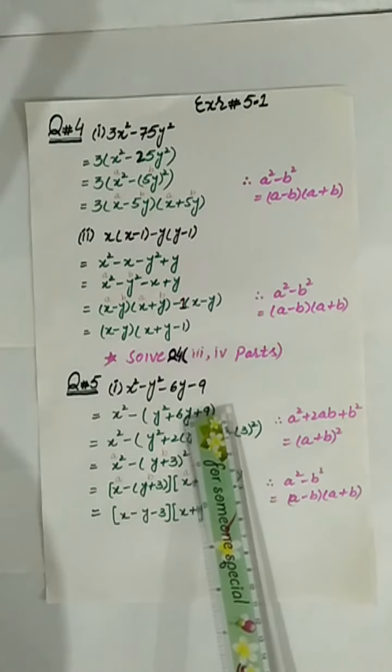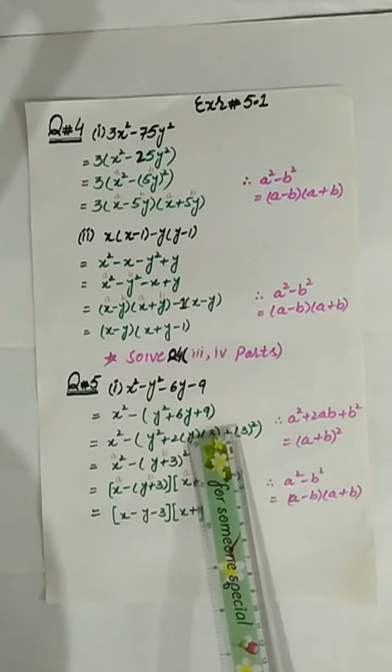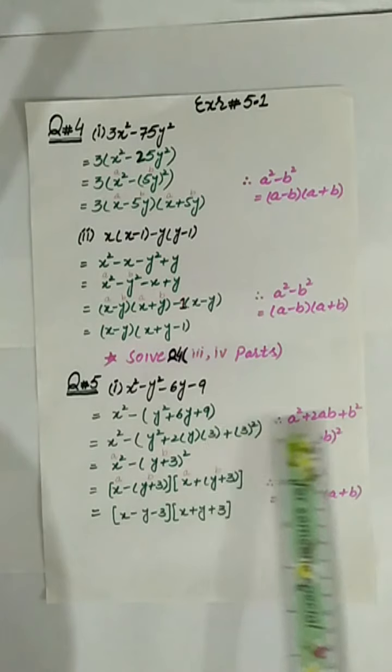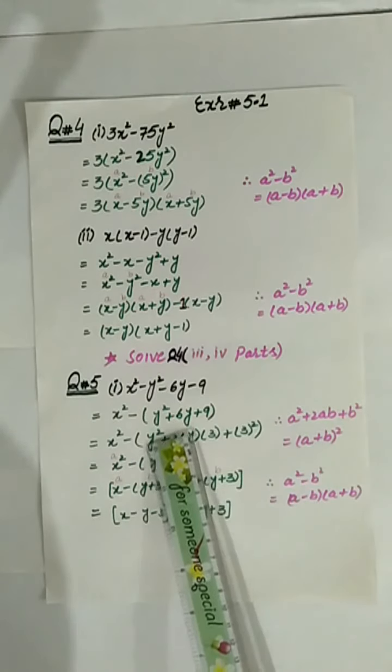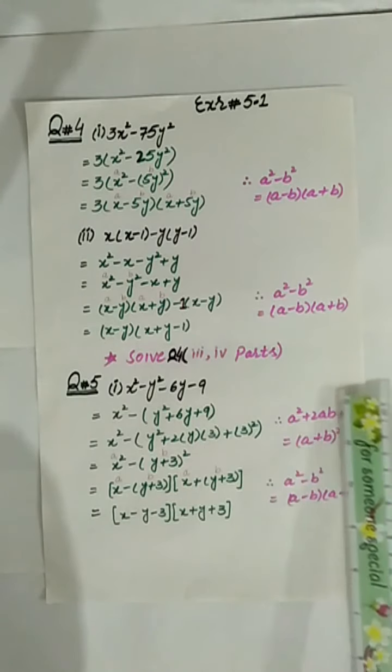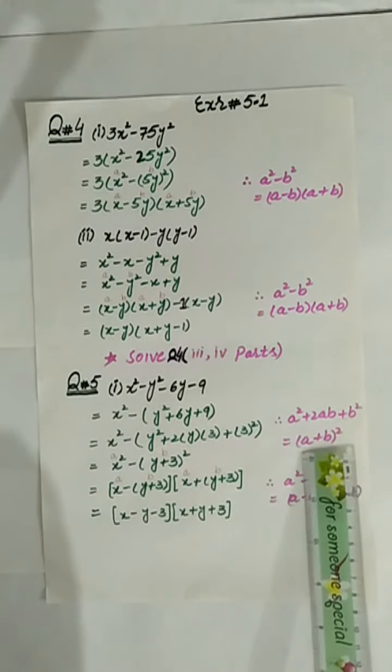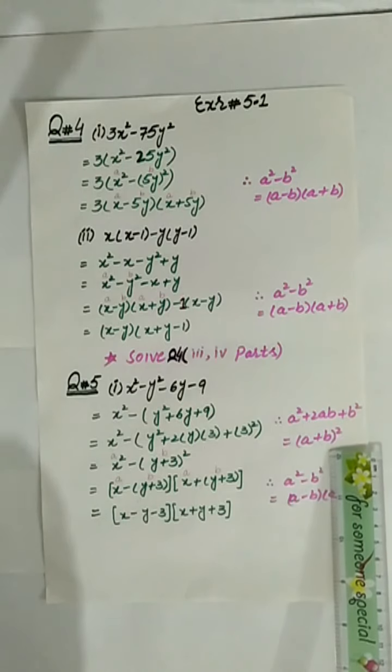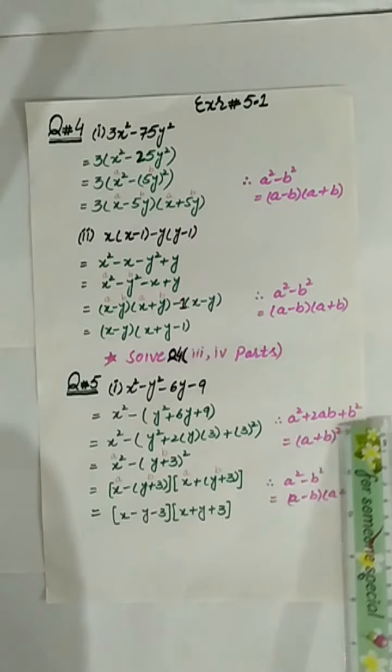So we will write this 6y as 2 times y times 3, where a is y and b is 3. This is in the form of a square plus 2ab plus b square, and a square plus 2ab plus b square is equal to a plus b whole square. This is a and this is b.